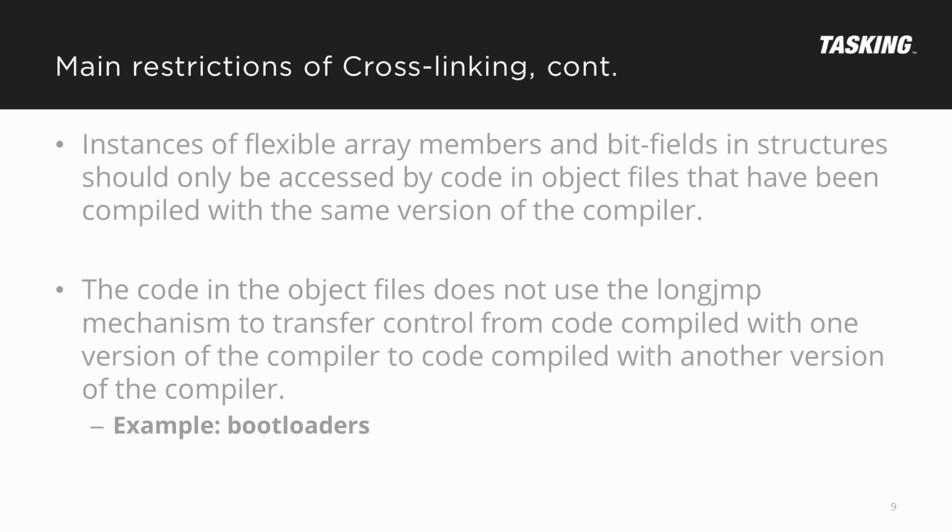And one other thing to be taken care of is that the code in the object files does not use the long jump mechanism to transfer control from the code compiled with one version of the compiler to code compiled with another version of the compiler. The example for it is bootloaders. So you cannot have your bootloader compiled with the 4.2 release and your regular application with the 6.1 release and simply jump to the 6.1 release without a reset. So of course this is not possible, but we have to write it down.